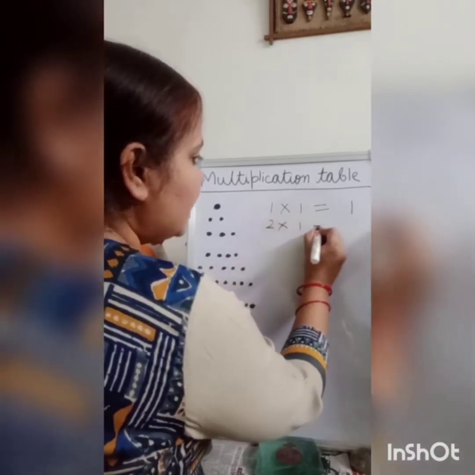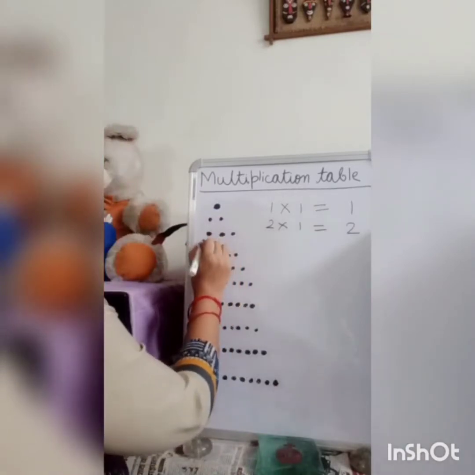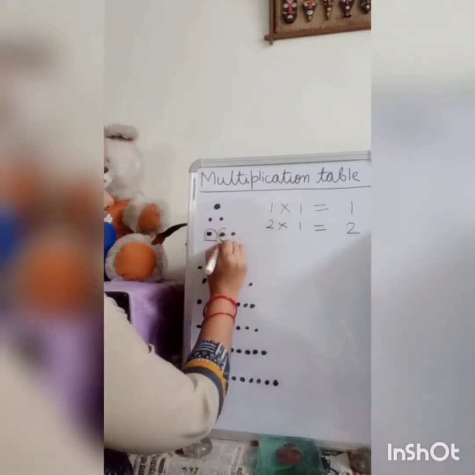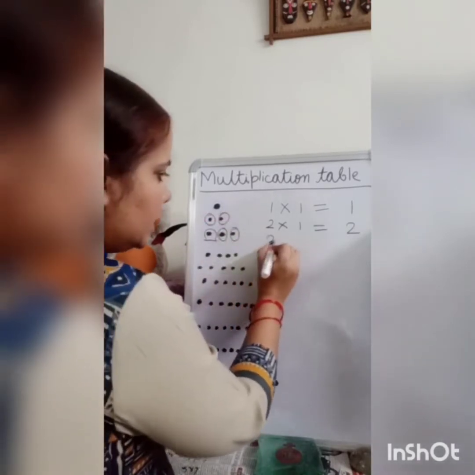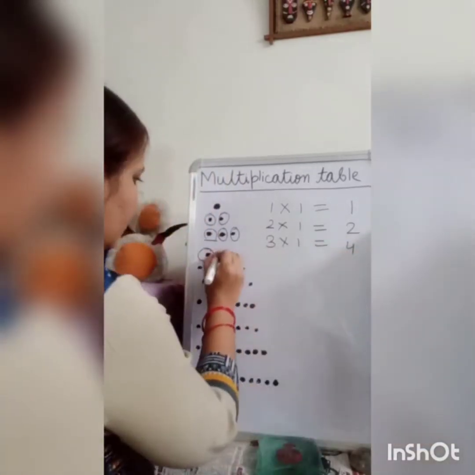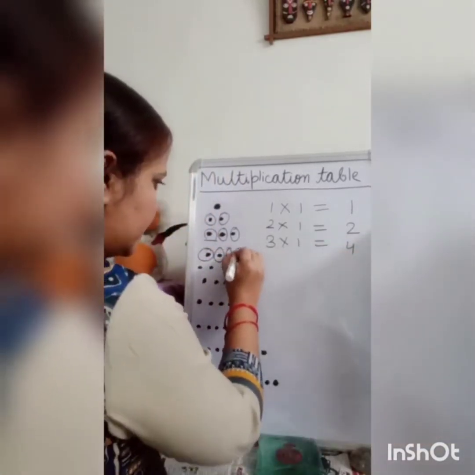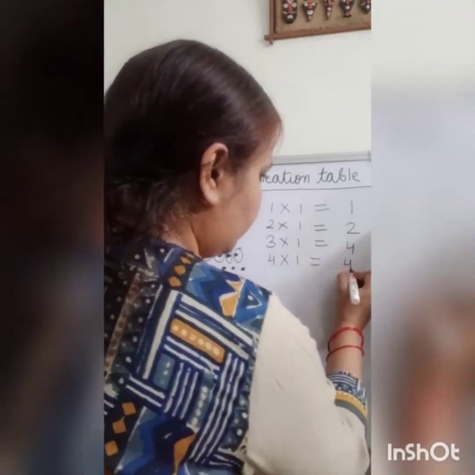And for the next number, just see, 3 groups of 1. So 3 times 1 is equal to 4. And in the same way, 4 groups of one object. This means 4 times 1 is equal to 4.